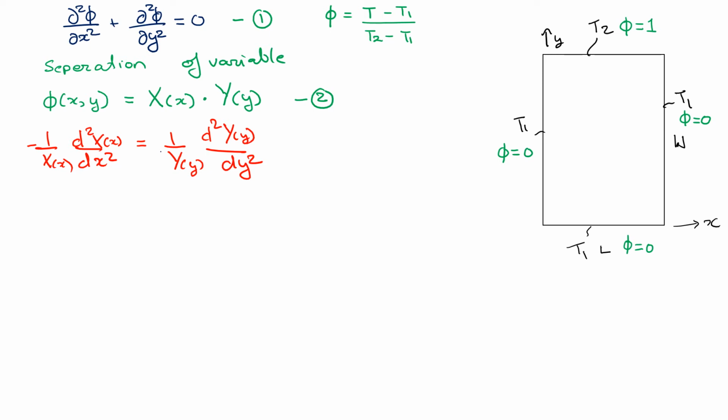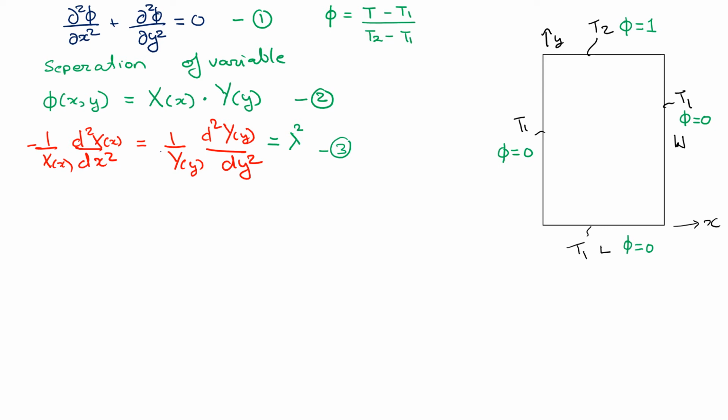Now let's say that we introduce a new constant called the separation constant, and let's say that this equation is equal to some positive constant lambda square. We've taken it as lambda square so that we get a positive value on the right hand side, and you will see why we've taken it as lambda square and not lambda as we move forward. So now we can write equation 3 into two equations.